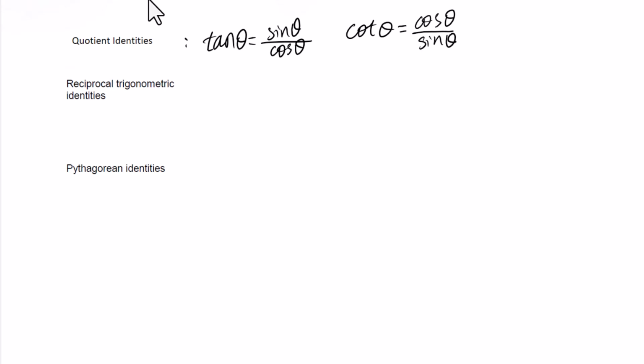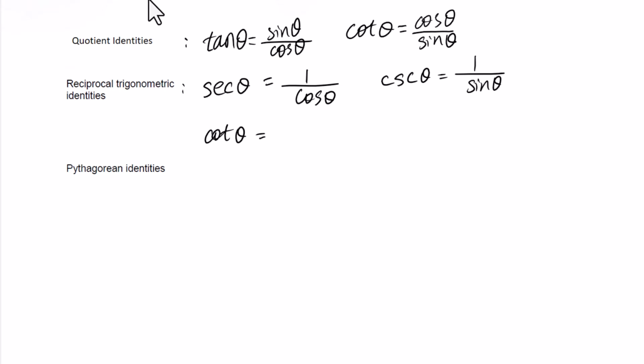Reciprocal trig identities: secant theta equals 1 over cosine theta. Cosecant theta equals 1 over sine theta. Cotangent theta equals 1 over tangent theta.